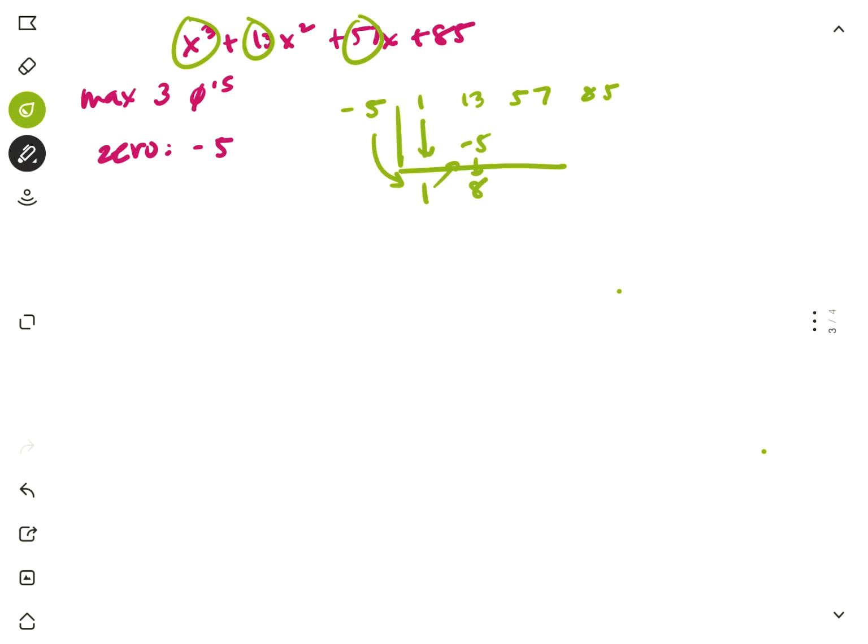We bring our -5 times our 8 up here, and then 57 plus -40 gives us 17. Then -5 times 17 gives us -85, and we end up with the remainder of 0, which is exactly what we want.